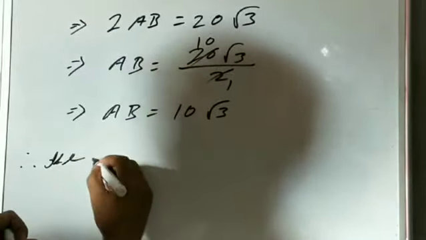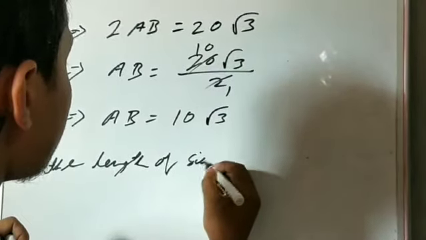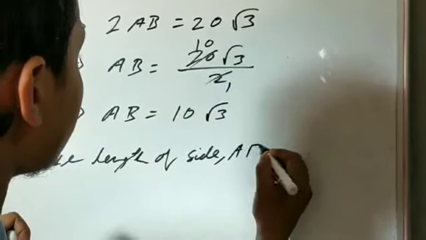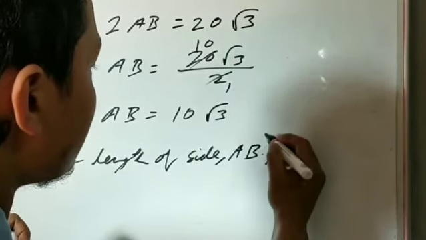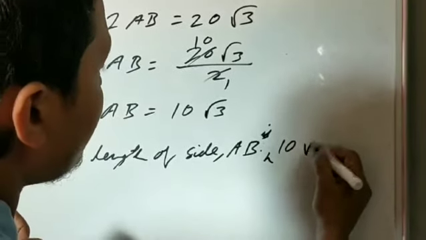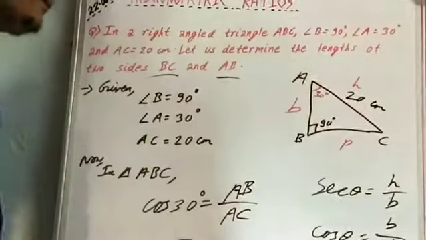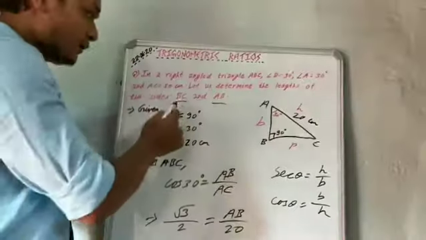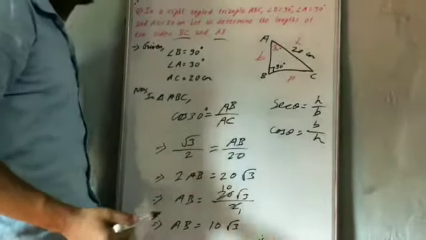Therefore, the length of side AB is 10 root 3 centimeter. So we found the value of BC and AB. We found the value for BC is 10 centimeter and AB is 10 root 3 centimeter.